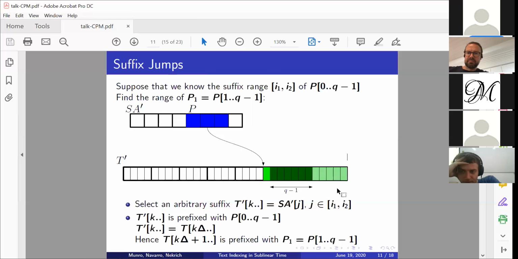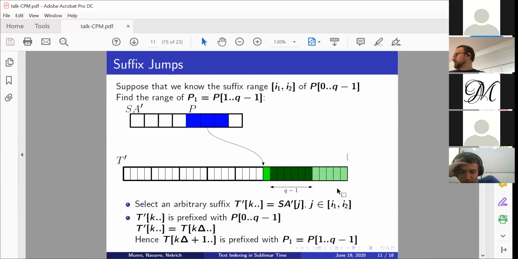Now, if we shift one position to the right, to this dark green area in the text, then the dark green area will be the starting position of some suffix in the text, such that the first q minus 1 symbols of this will be the pattern P without the first symbol. So this will be some occurrence of pattern P1 that starts in this dark green area.